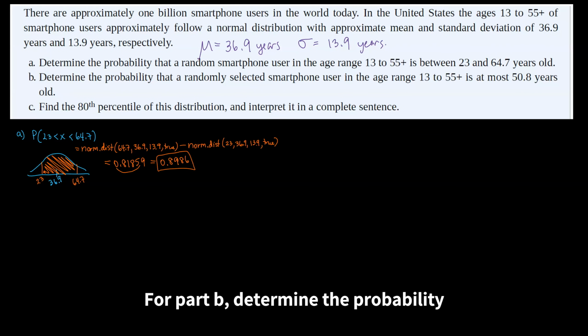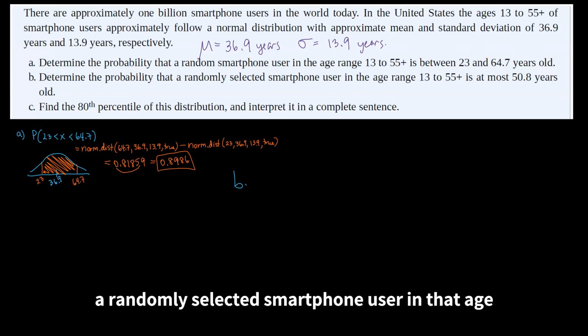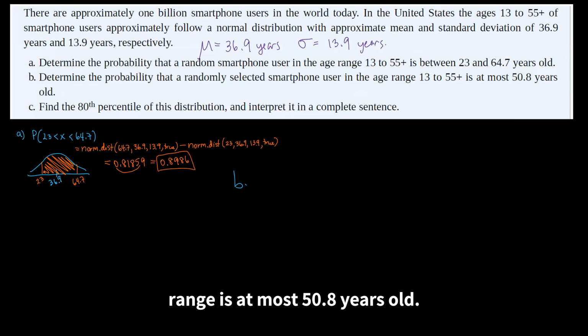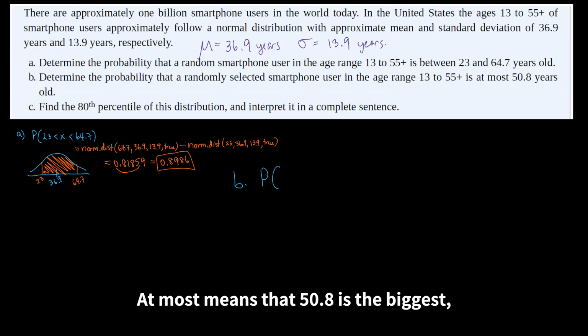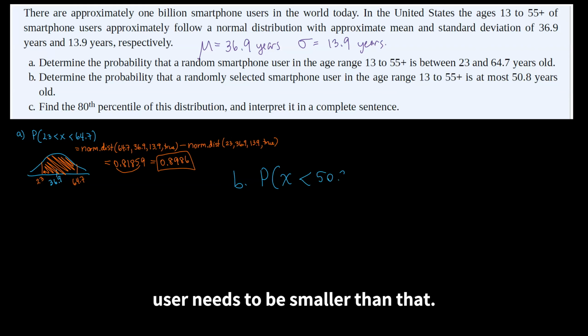For part B, determine the probability a randomly selected smartphone user in that age range is at most 50.8 years old. At most means that 50.8 is the biggest, which means our randomly selected user needs to be smaller than that. At most, we don't want to go more.